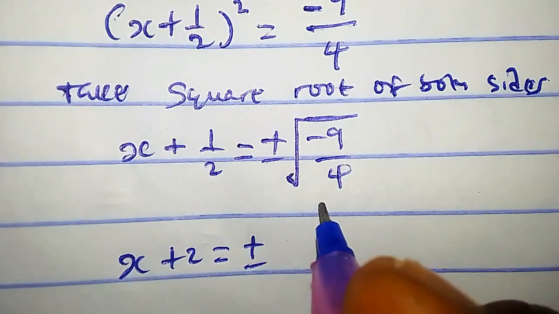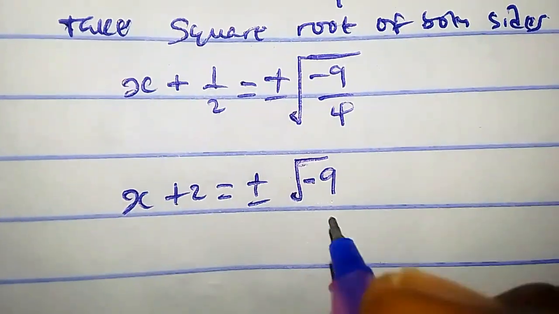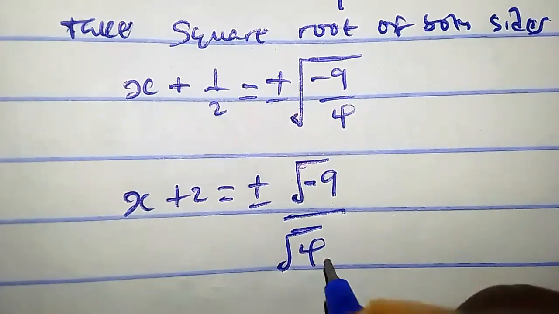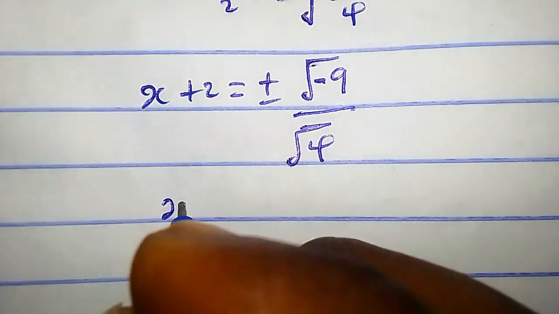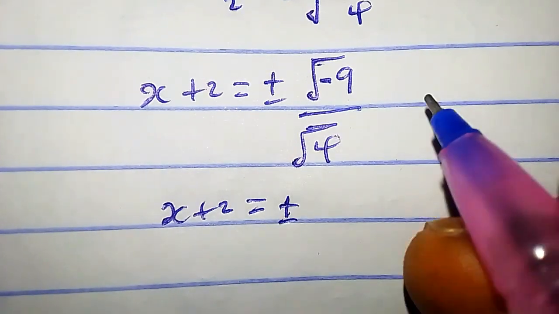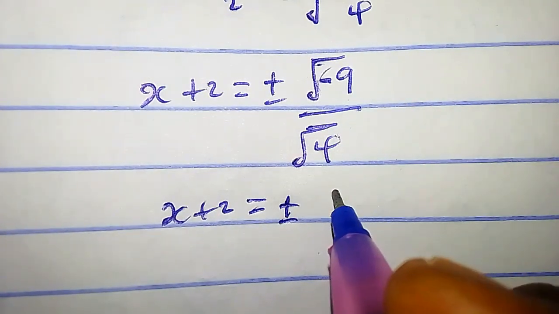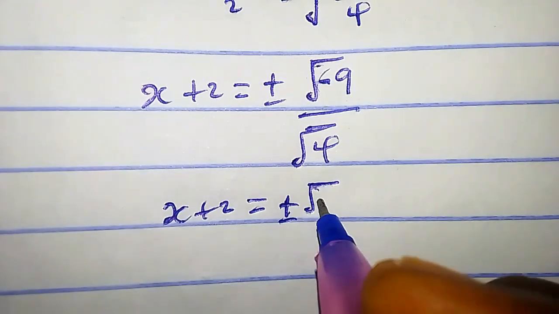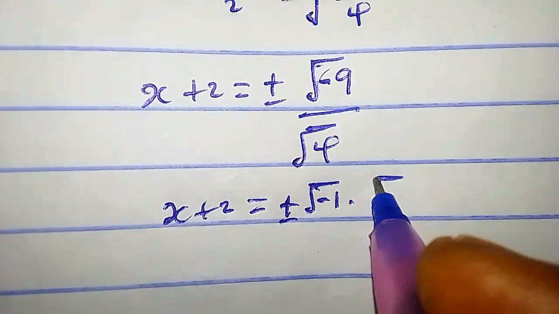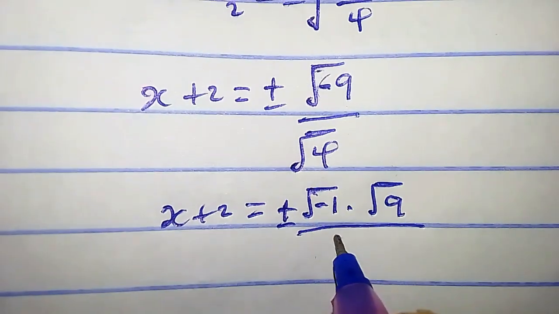This whole guy could be written as square root of negative 9 divided by square root of 4. x plus 2 is now equal to plus or minus. I can rewrite this numerator as square root of negative 1 times square root of 9, divided by square root of 4.